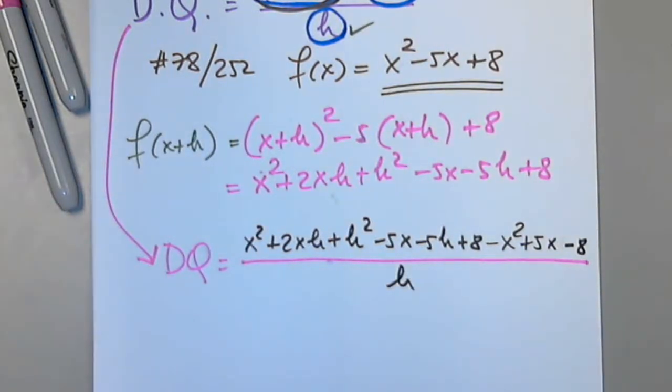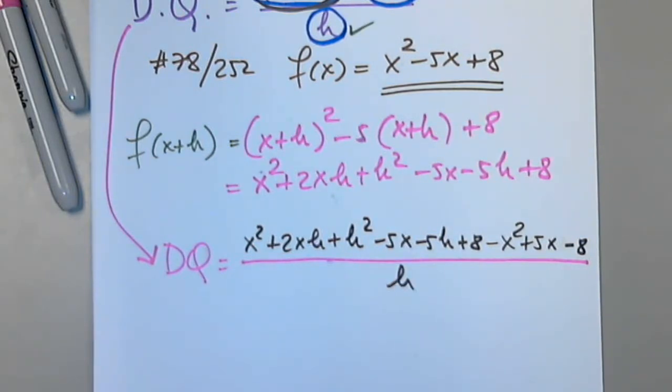2 things must happen here. Every time you determine the difference quotient, 2 things must happen. The first thing that must happen is all terms that do not have h at the top must go away. If they don't, something is wrong. Then at the very end, this h in the denominator must go away as well.